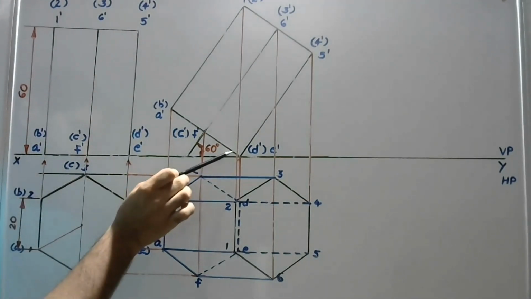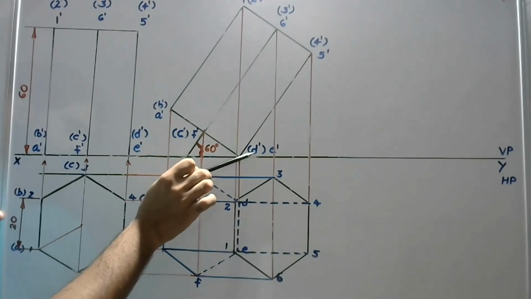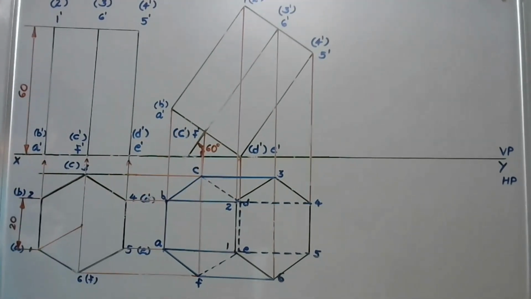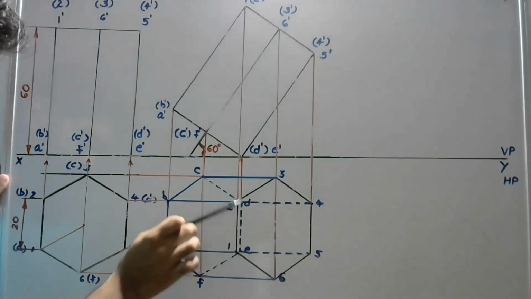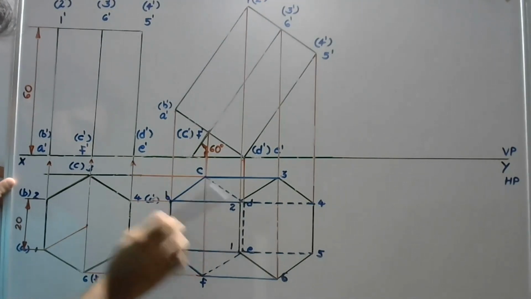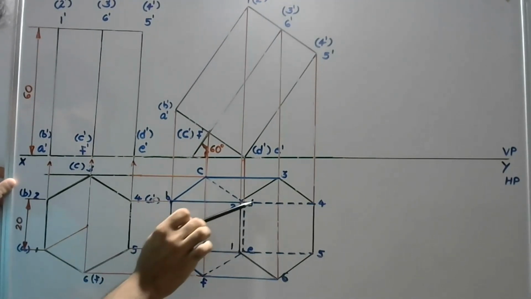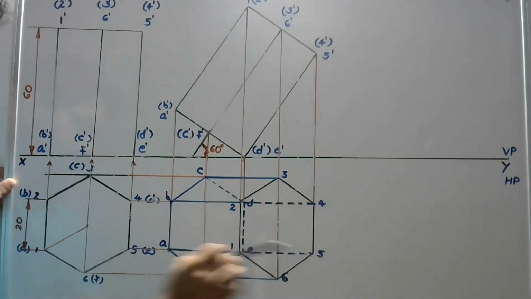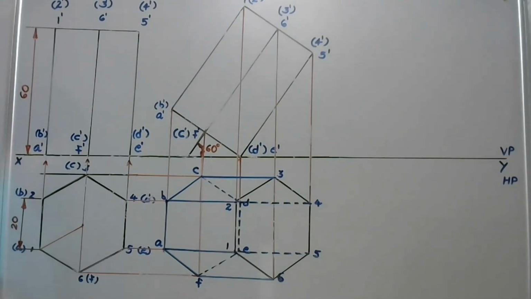That is, base edge connecting DE are invisible, vertical edge connecting DE are invisible. In that case, we got DE completely invisible. So base edges connecting DE are DE, DC, EF invisible. Vertical edges connecting DE are D4, E5. So we completed the second top view.